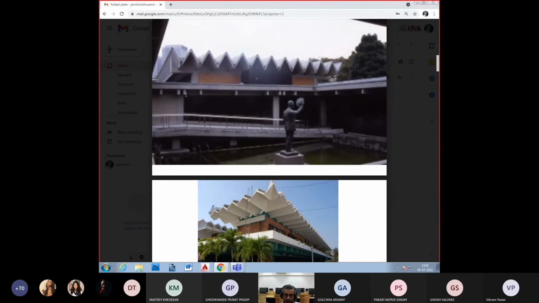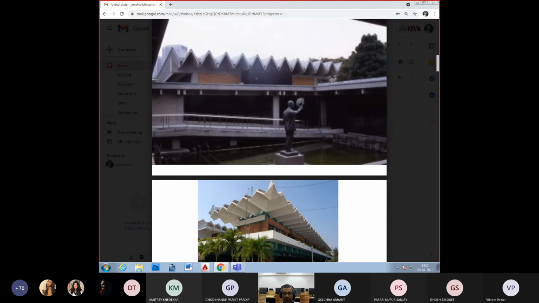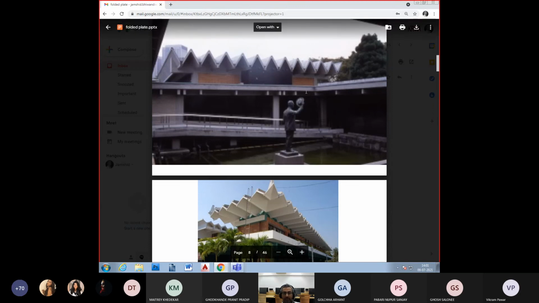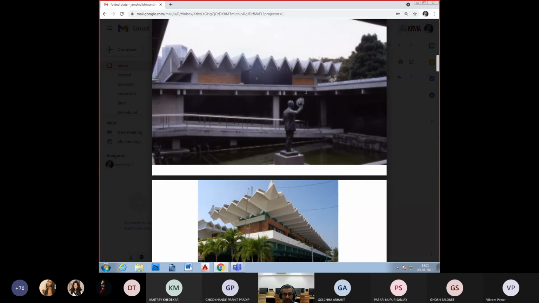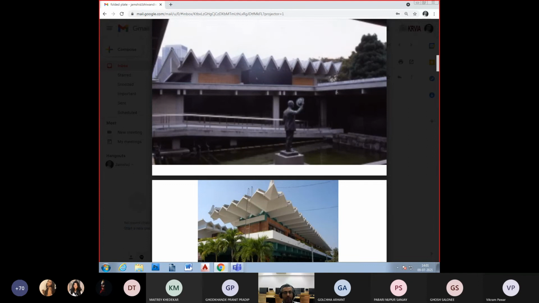You can look at how the structure at the lower level is accentuated using the idea of beams and the trabeated system that Japan is so very proud of. Its vernacular oriental timber work is reflected in the brutalist concrete work.